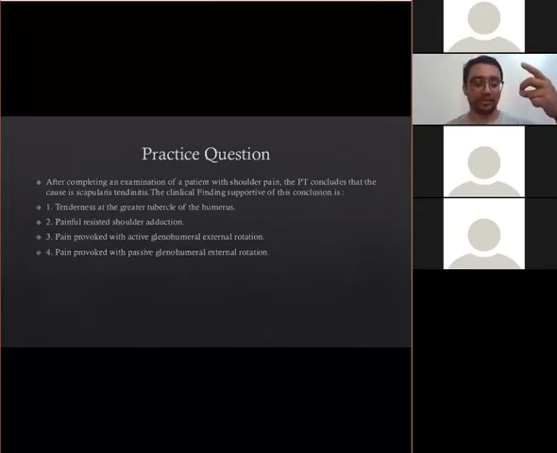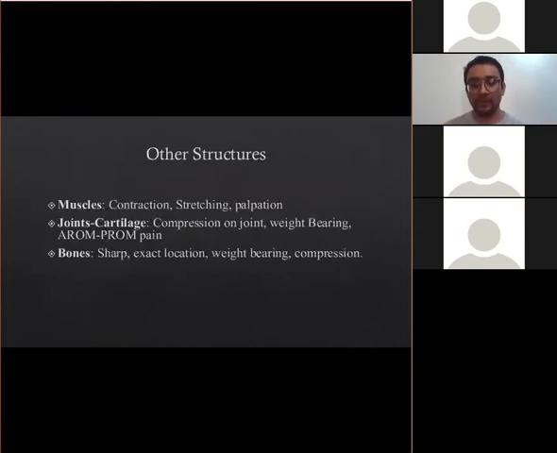Another is we stretch the muscle. When you stretch the muscle, if the muscle getting stretched gives pain, that's the problem. Another is you palpate and poke the muscle, and then you can know for sure what is giving the pain. We already discussed this, talking about other structures, how to rule out if a muscle is the problem or not.